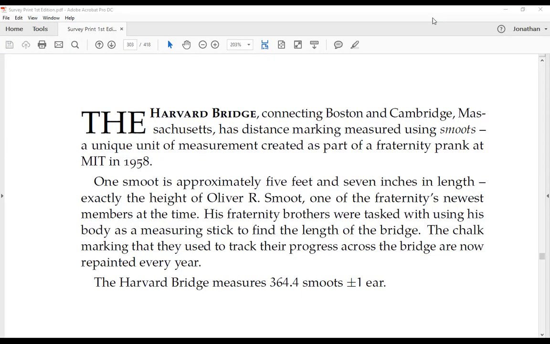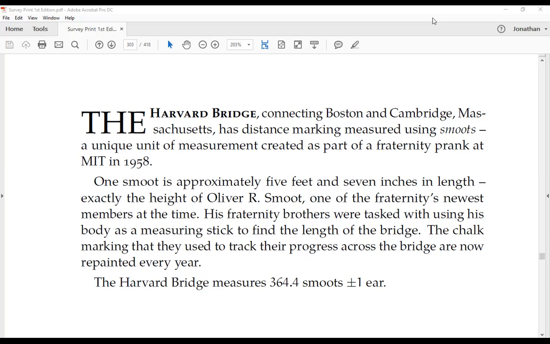The beginning of chapter 5 says, the Harvard Bridge, connecting Boston and Cambridge, Massachusetts, has distance markings measured using smoots, a unique unit of measurement created as part of a fraternity prank at MIT in 1958. 1 smoot is approximately 5 feet and 7 inches in length, exactly the height of Oliver R. Smoot, one of the fraternity's newest members at the time.